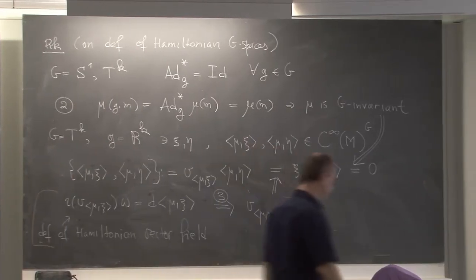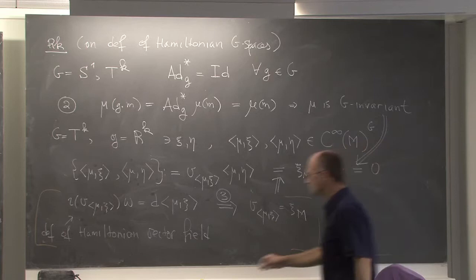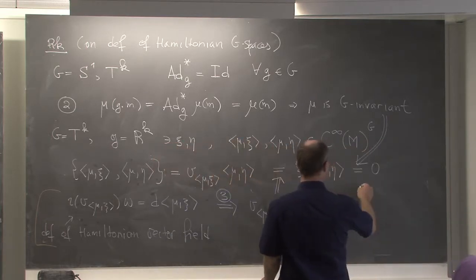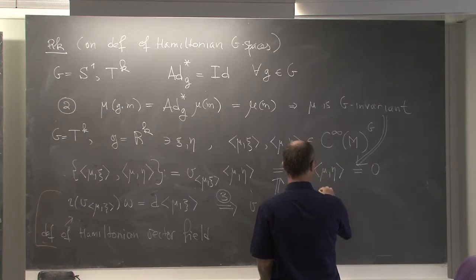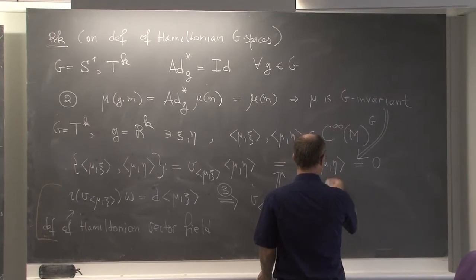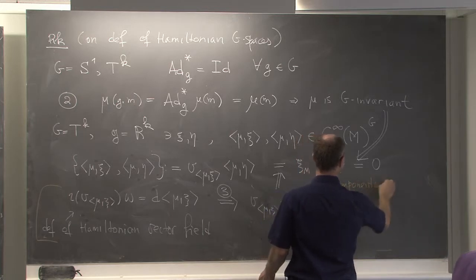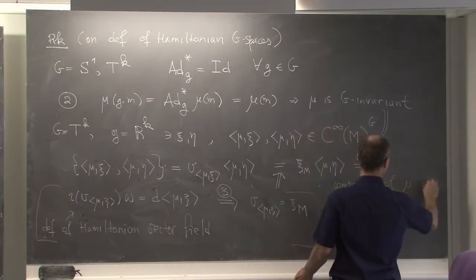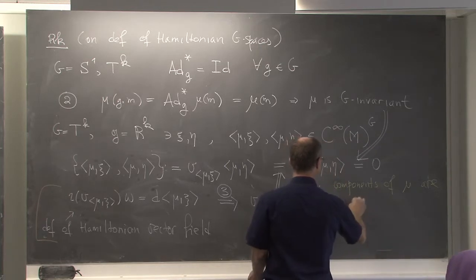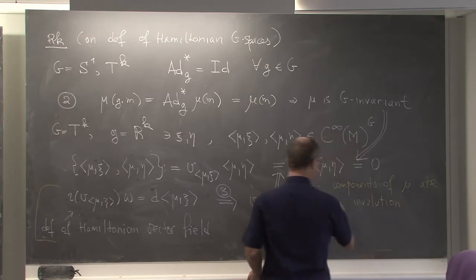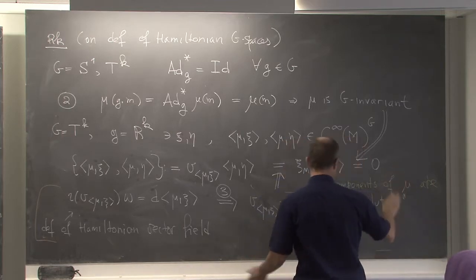And so here there is a little bit of terminology that you can see in literature. So people would say that components of mu are in involution, whatever that means.